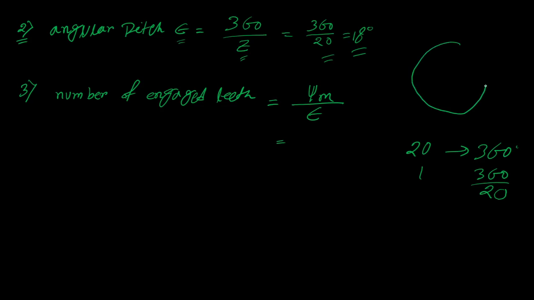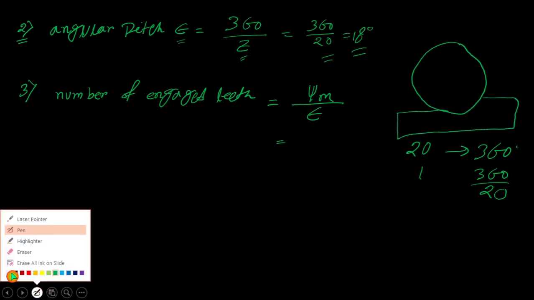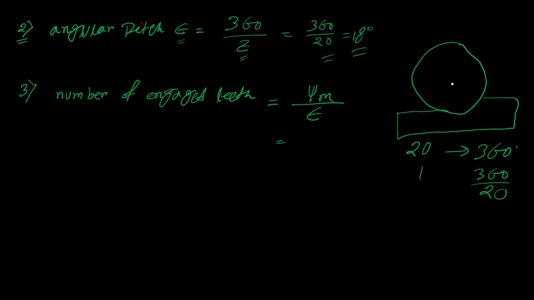Let's say this is my milling cutter, and this is my workpiece. This is my psi m, the maximum engagement angle. This portion is engaged, so the angle from this point to this point is my maximum engagement angle.